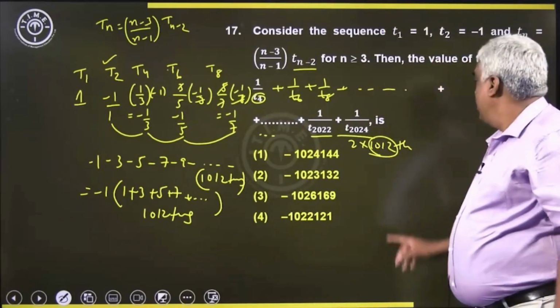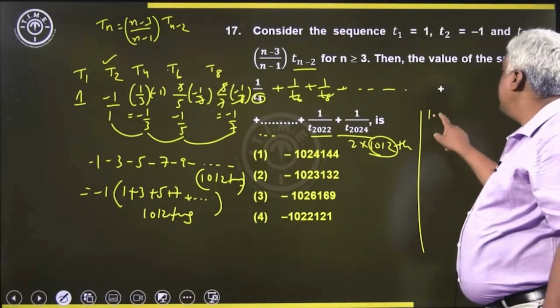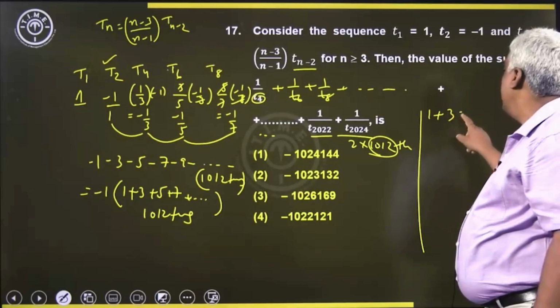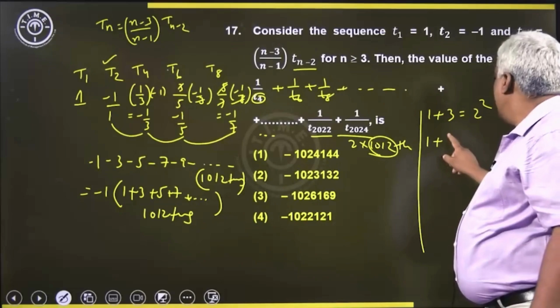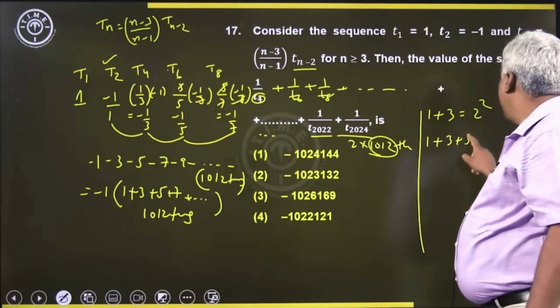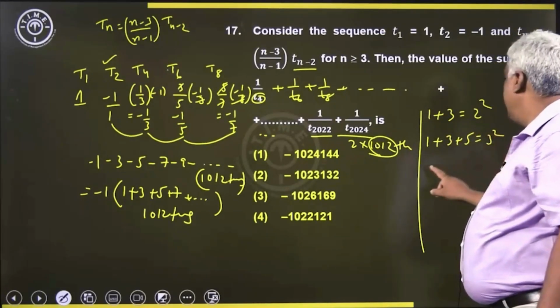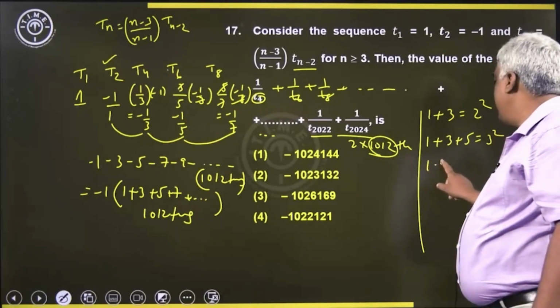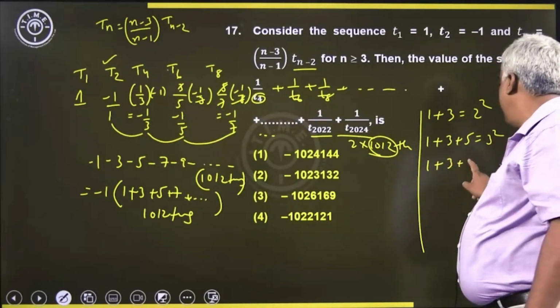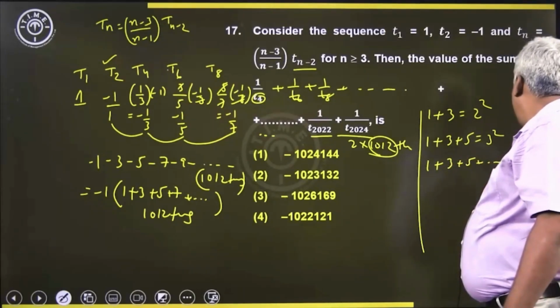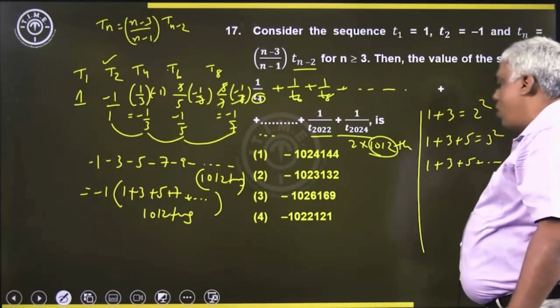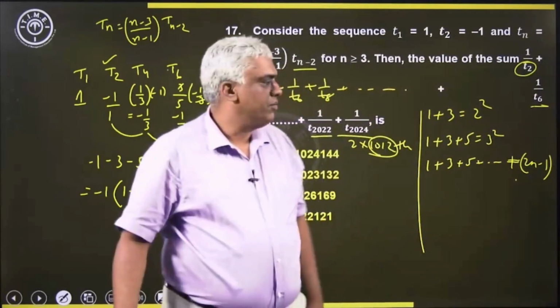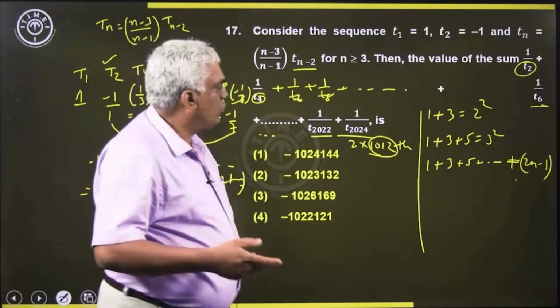You know that if you add the first two odd natural numbers, the answer is 2 square. If you add the first three, the answer will be 3 square. If you add the first n odd natural numbers, 1 plus 3 plus 5, the nth odd natural number will be 2n minus 1, because the nth even number is 2n.